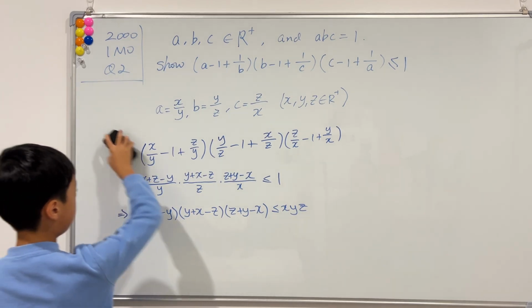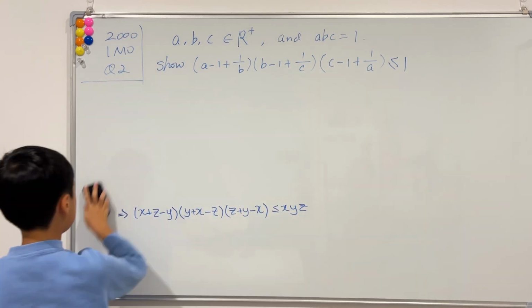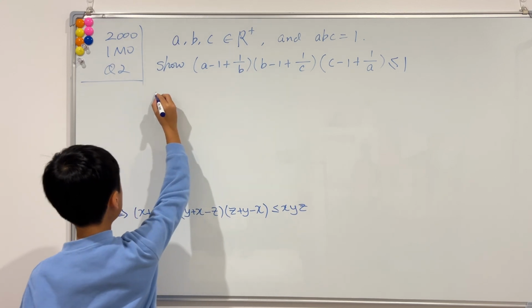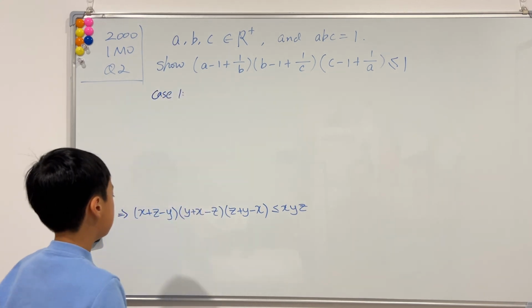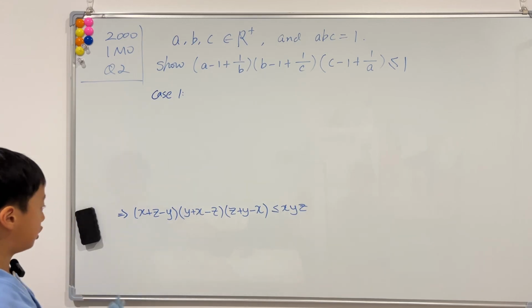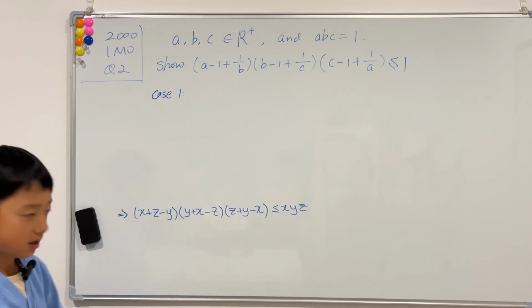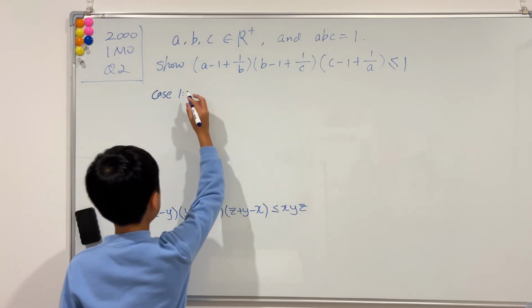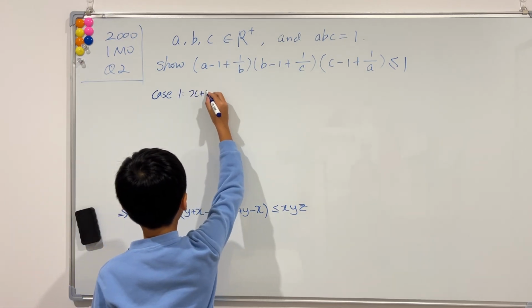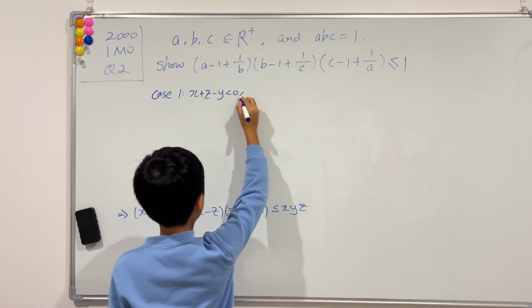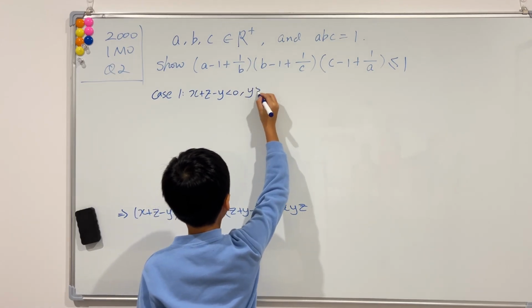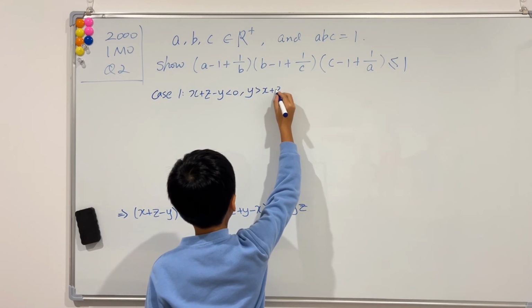So, shouldn't case 1 just be, we assume any random one is negative and see what happens. So, I'm going to write them back up here. So, case 1 is that, without loss of generality, we can assume that just the first bracket is less than 0. So, x plus z minus y is less than 0. So, we'll get y is greater than x plus z.